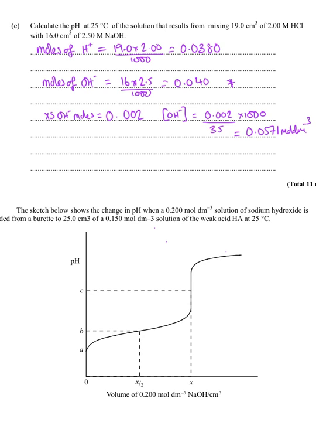Okay, now we've got the concentration of the hydroxide ions, we can use Kw to work out the hydrogen ion concentration. We've got Kw, we know this is still at 25 degrees C, so we've got Kw from the previous question. And we've just worked out the new concentration of the hydroxide ions.